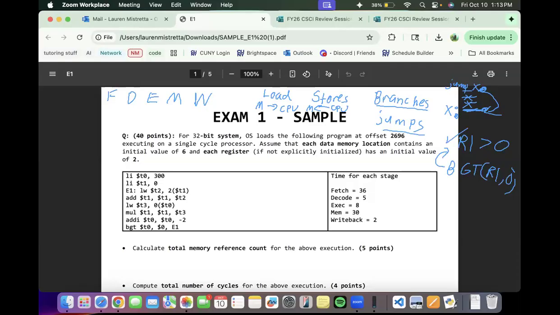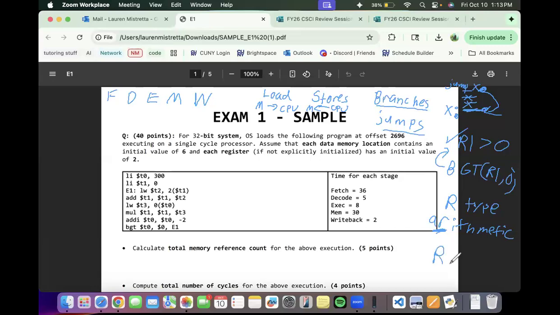So again, we did loads, stores, branches, jumps, and finally, the last type is called an R type. You can think R like arithmetic. This is just your usual math computations that you'll be doing.